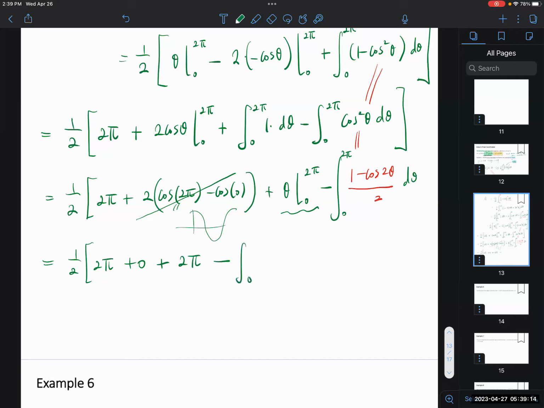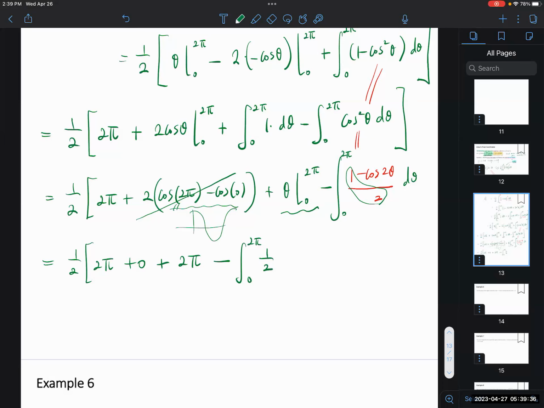The next one. So here, 0 to pi, I'm going to separate it. And then negative... Maybe it's not 1 minus, maybe it's 1 plus cosine 2 theta. The red one?